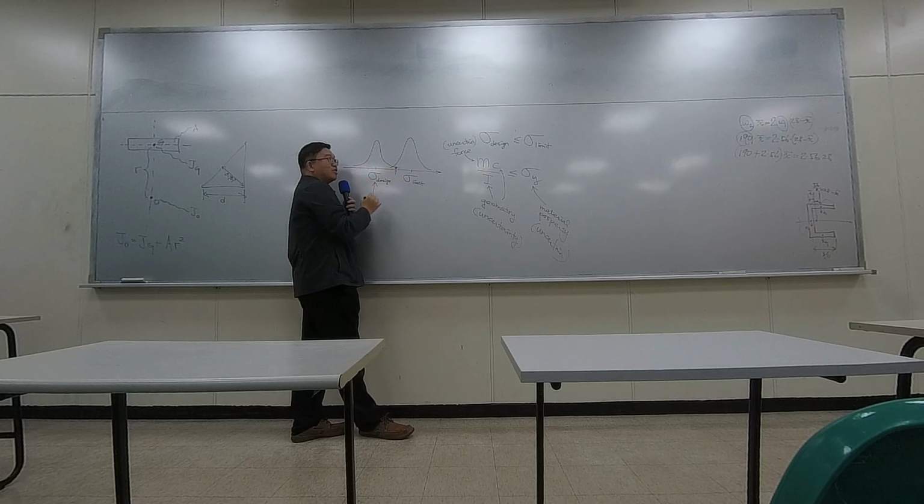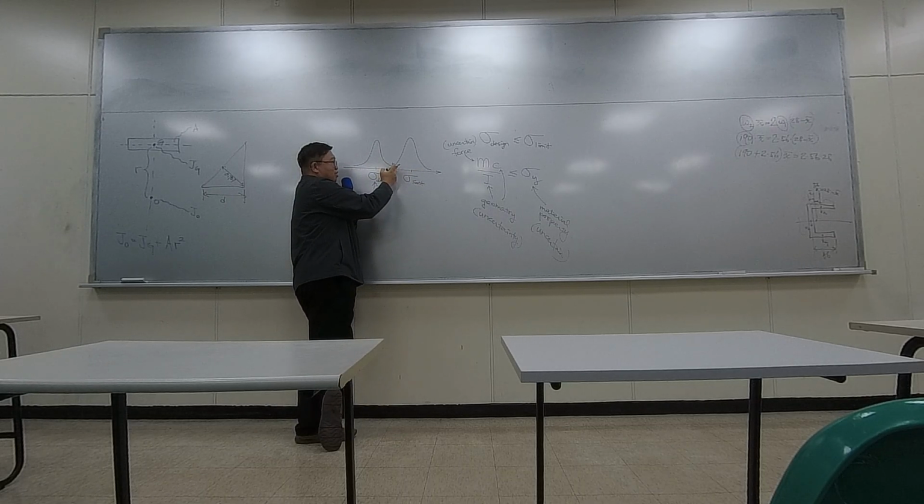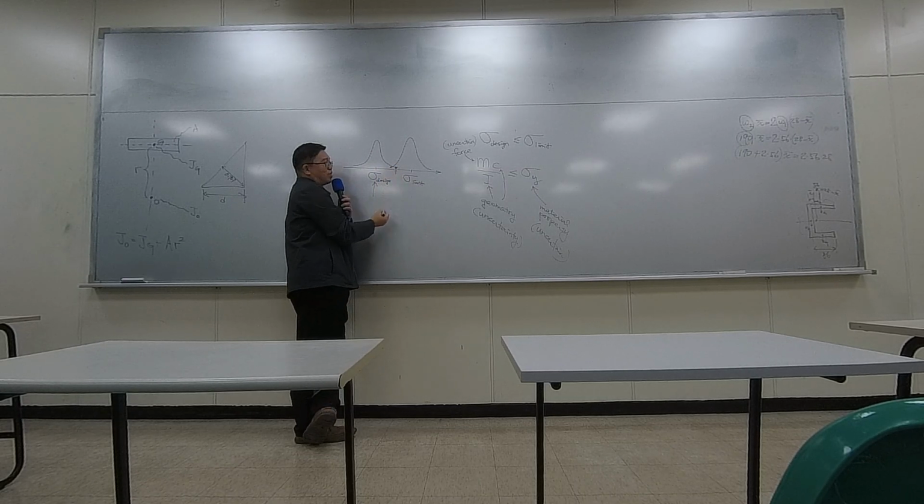Maybe in one probability, your design is located right here. And if you're unlucky, the material has a chance that the material strength is on the left-hand side of your design, right here. So in this particular chance, your design is having a stress that is larger than the limit.